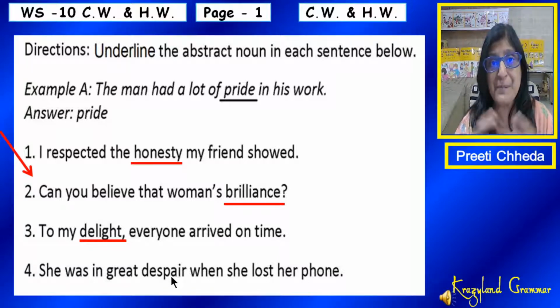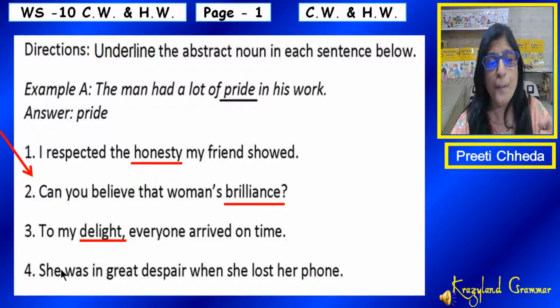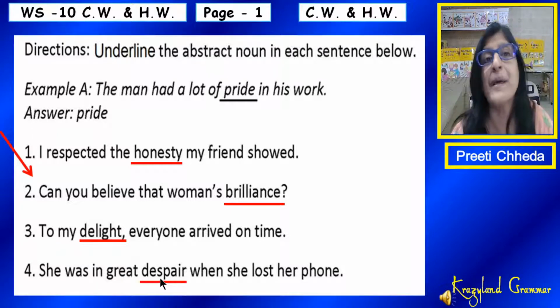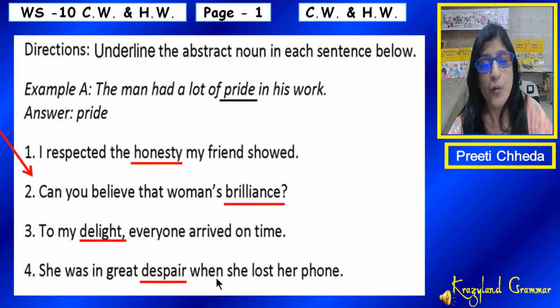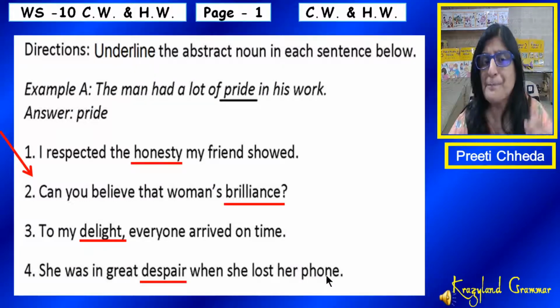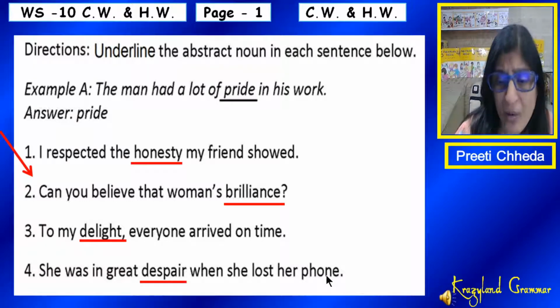So despair means nirasha, hopelessness. There is no hope. Without hope is called despair, disappointment. So she, no. Was, no. In, no. Great, no. Despair. Despair is your abstract noun. When she lost her phone. So you got only one abstract noun in it.